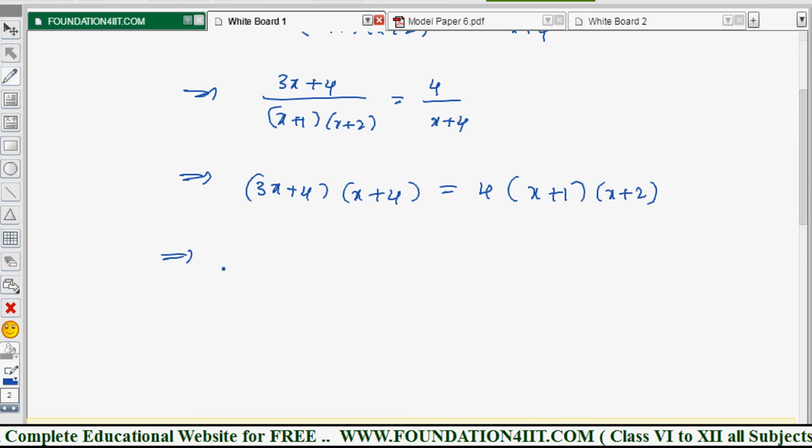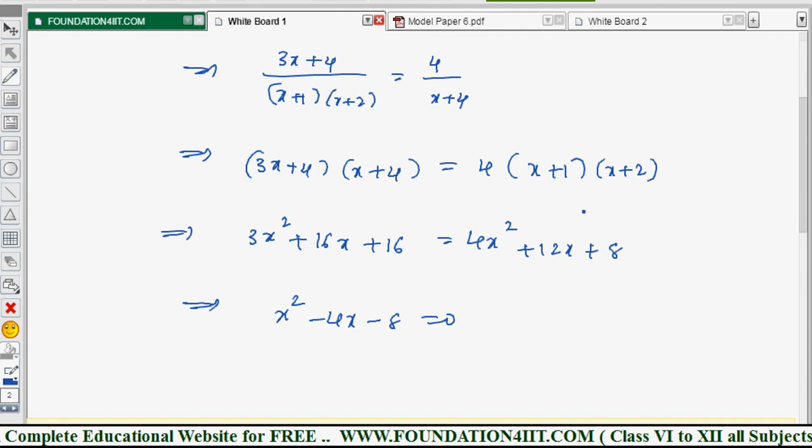Simplify both sides and you will get finally 3x square plus 16x plus 16 equals, on this side, 4 into x plus 1 into x plus 2, multiplying everything, 4x square plus 12x plus 8. Take all the x terms to one side and simplify. So x square minus 4x minus 8 is equal to 0. This is the quadratic equation.